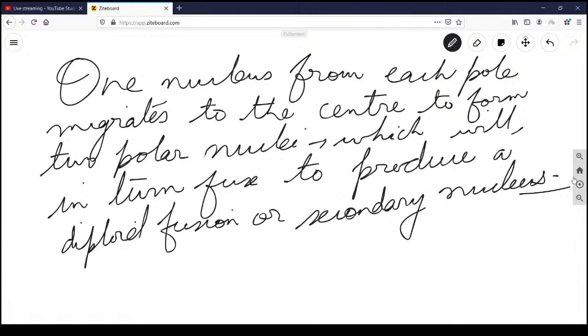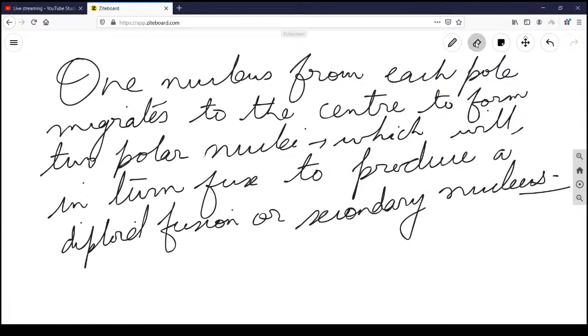These 3 cells comprise the egg apparatus, which consists of 2 synergids or help cells and an egg cell, also known as the oosphere, which is present in between the 2 synergids.